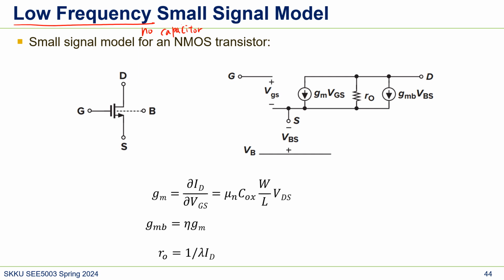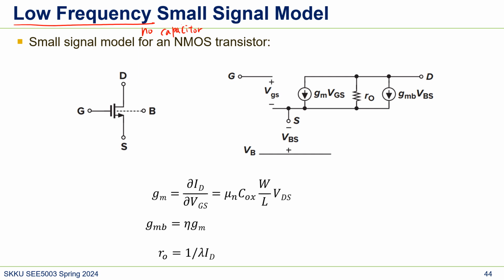Just to review, GM is the derivative over VGS, and GM is here. And GMB is here. This is why GMB is helping GM, because they have the same current direction. And RO is here, which is why we call it output resistance.